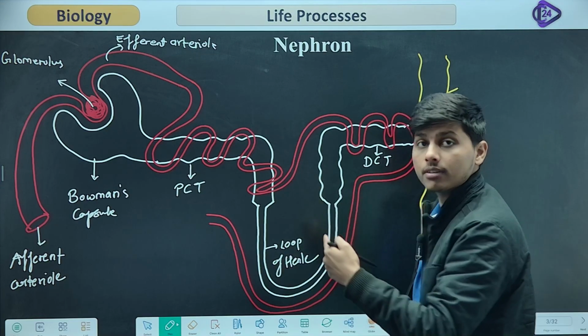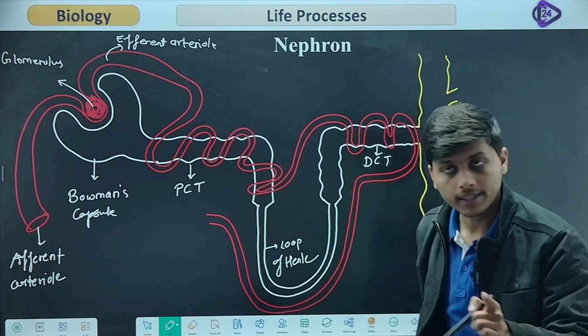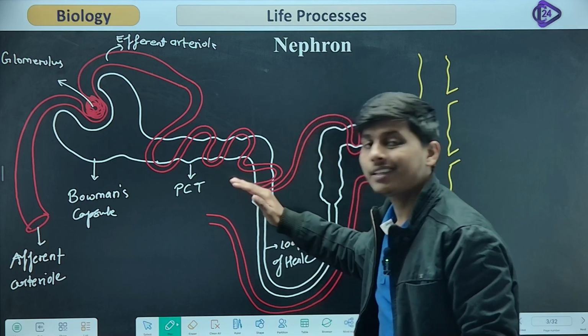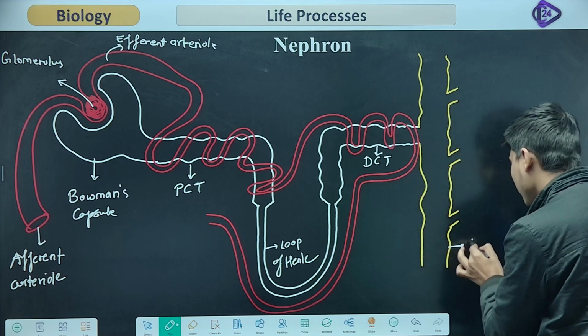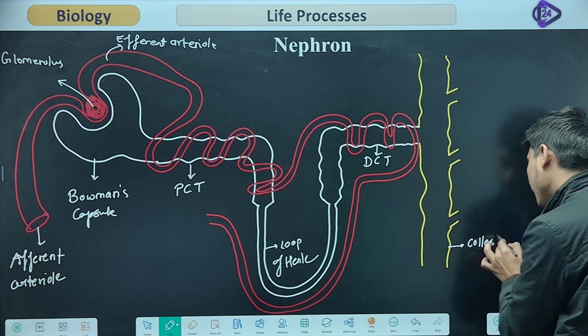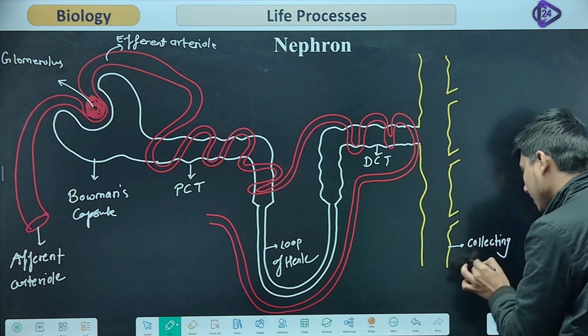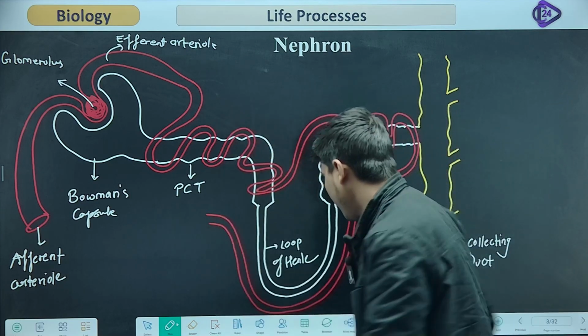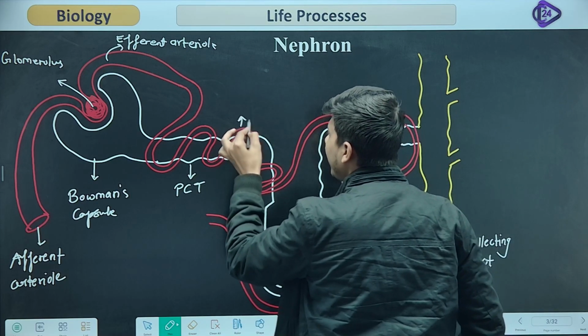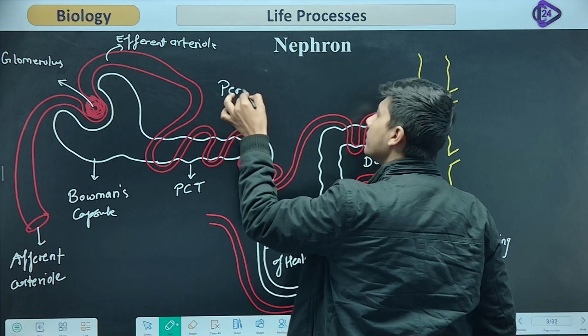This is a detailed structure of the nephron which is not given in the NCERT, but we are studying the detailed structure. And the last part is called the collecting duct. This is the complete structure, and two things are missing. These are peritubular capillaries.